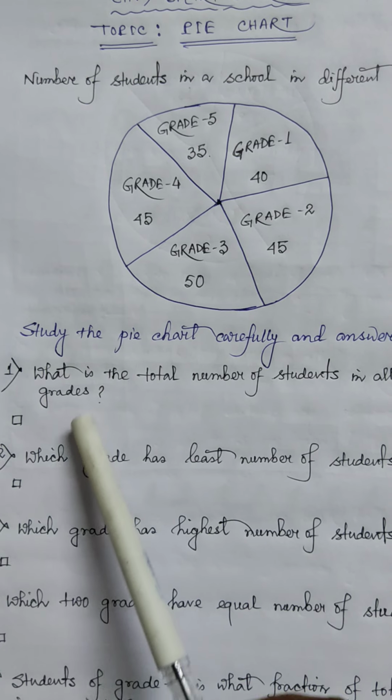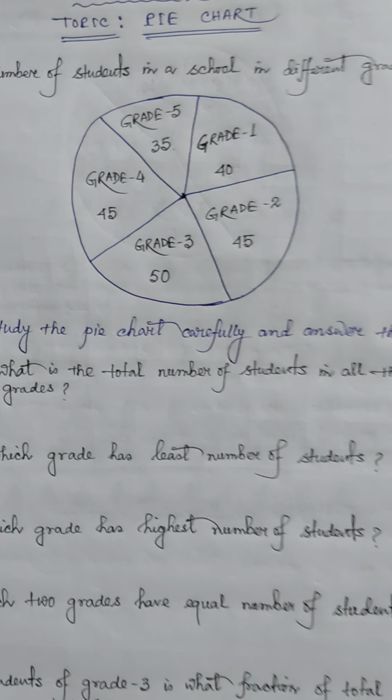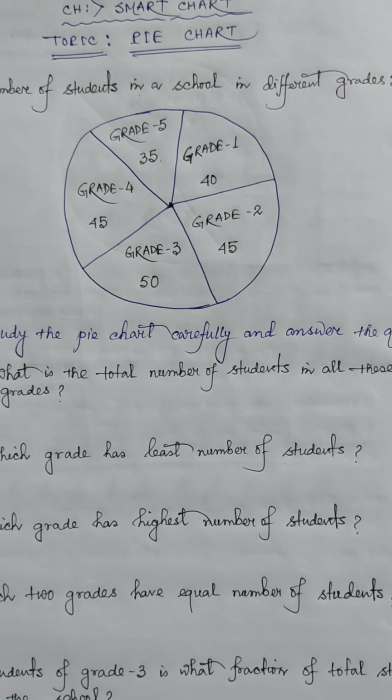Number 1, what is the total number of students in all these grades? So we can see here grade 1, grade 2, grade 3, grade 4, grade 5. 5 grades.